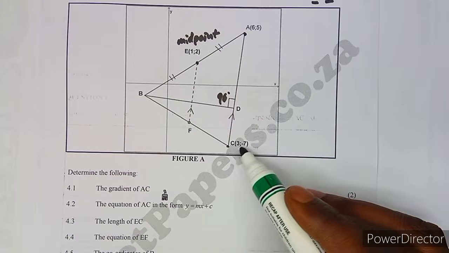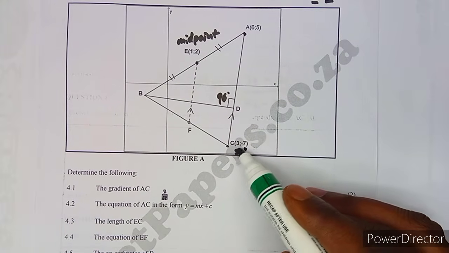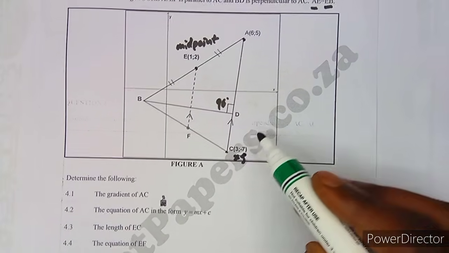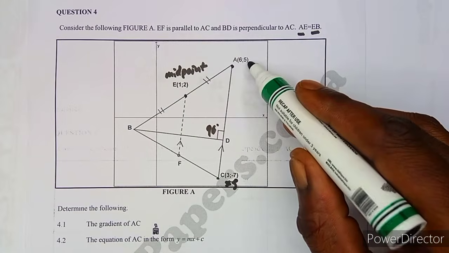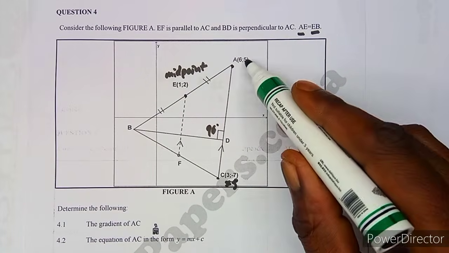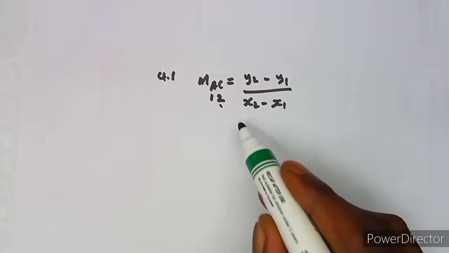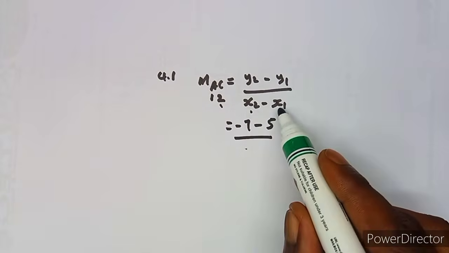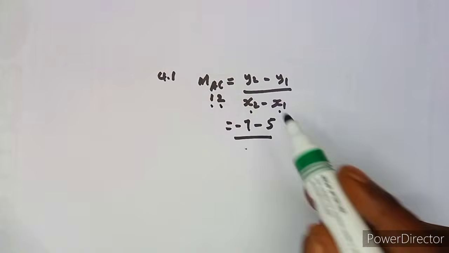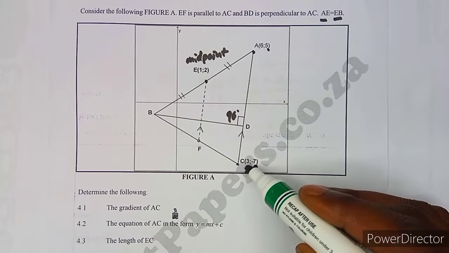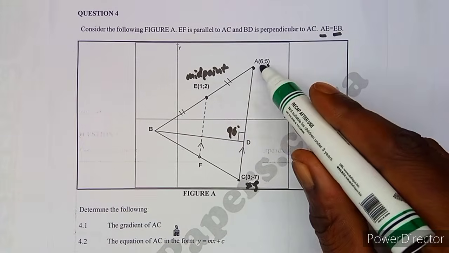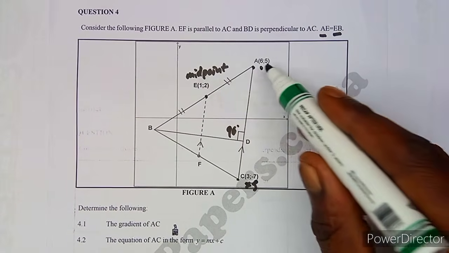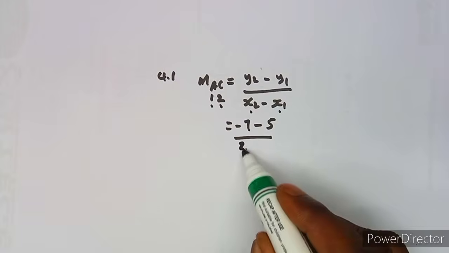So our C in this case is minus 7 in terms of y. Remember this is xy, so it's minus 7 minus 5. So this is y2 minus y1, so it's minus 7 minus 5 over x2 minus x1, from C to A. So x at C is 3, so it's 3 minus x at A, which is 6, so it's 3 minus 6.